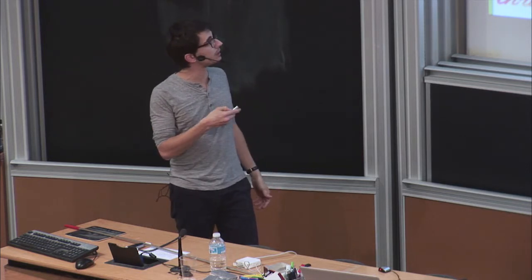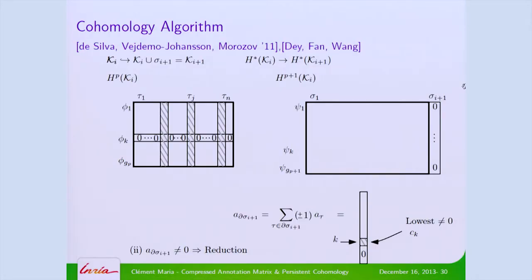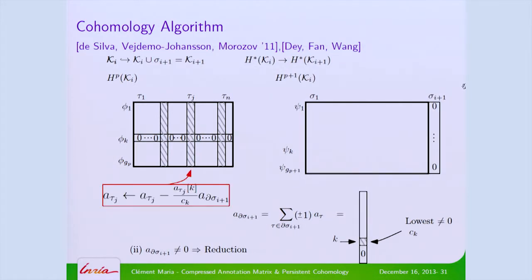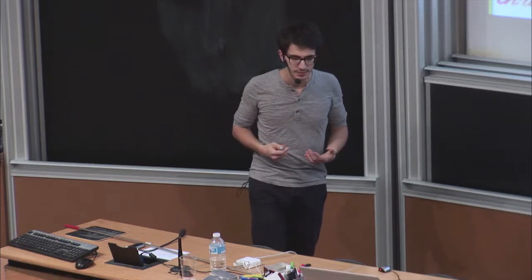So you need to proceed to a reduction of your matrix. And the associated reduction is of this form. To each column associated to a simplex tau j, you need to subtract the annotation vector times this coefficient. It's actually a Gaussian elimination.